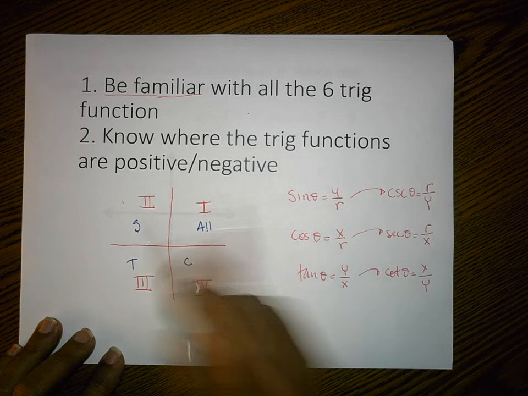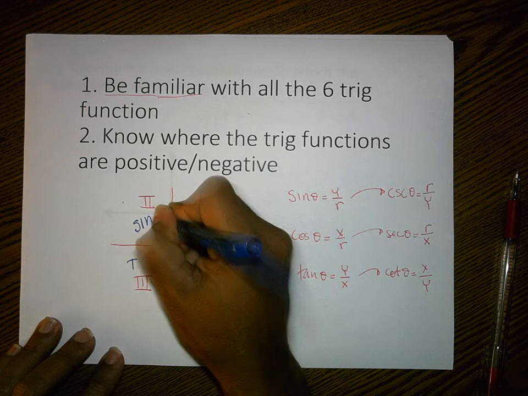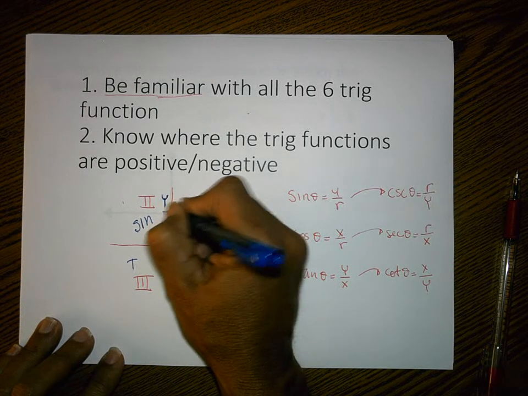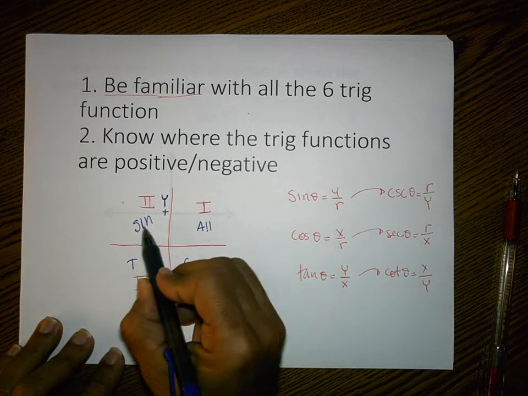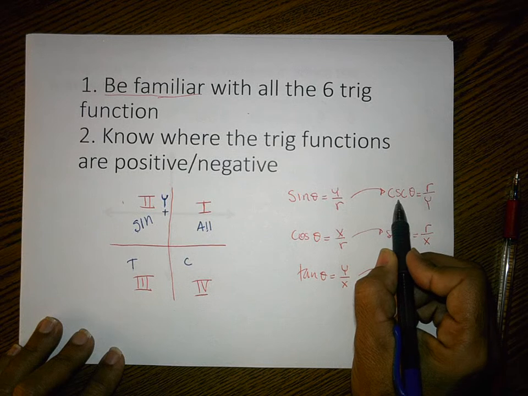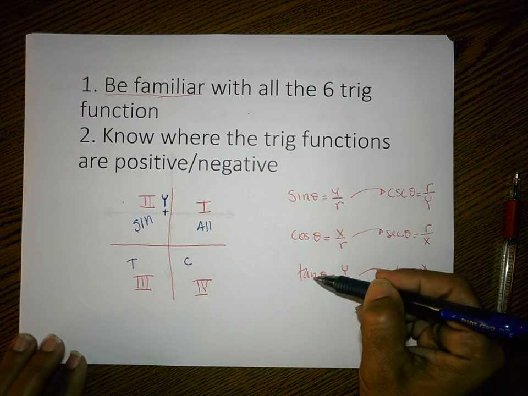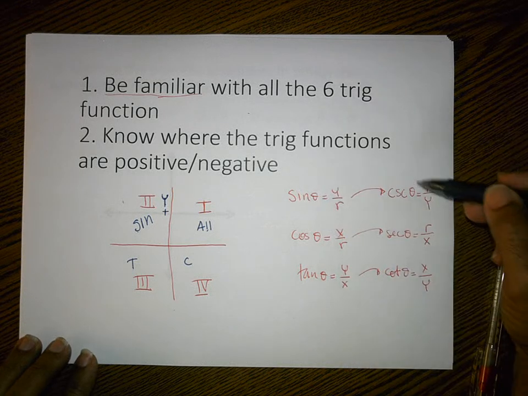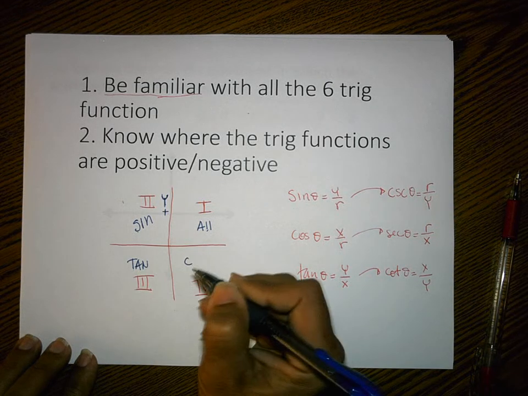Students stands for sine. So the sine is positive here because the sine is the y value, and the y value is positive, okay? But if the sine is positive, the cosecant is positive as well, okay? We're only talking about the first 3 because whatever is true for the first 3 will be true for their inverses. The tangent is positive here. Why?